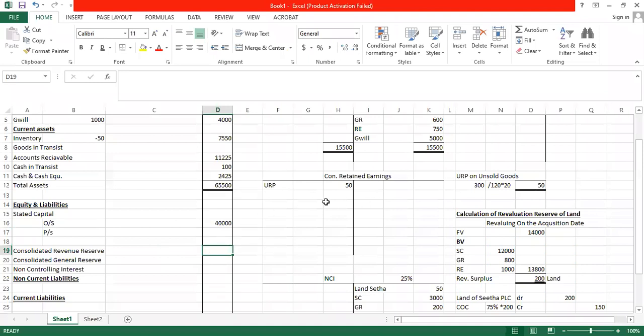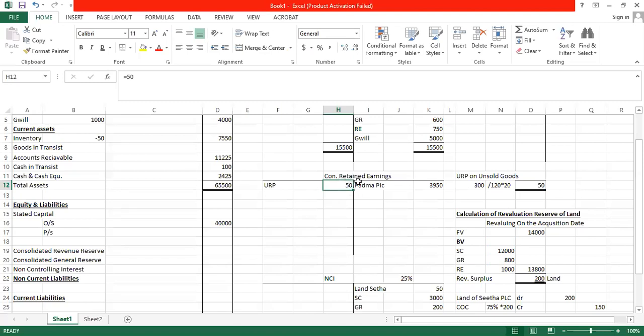Then consolidated revenue reserve. Now we have to prepare the consolidated retained earnings or the revenue reserve account separately and find out the balance. Here we have to take normally Padma PLC's retained earnings, 3,950. Now the adjustment is okay because in the Padma PLC, they have recognized an unrealized profit of unsold stock 50.